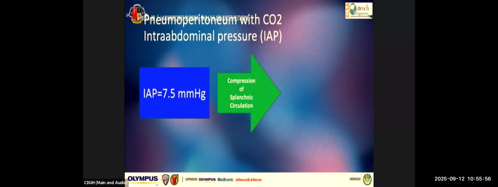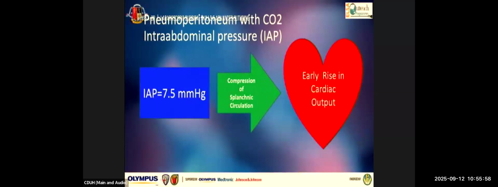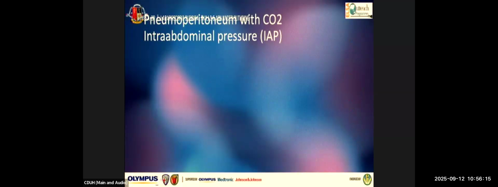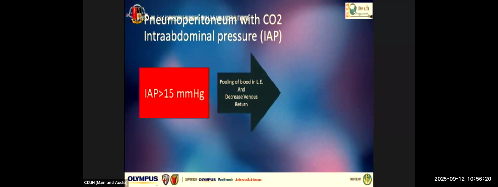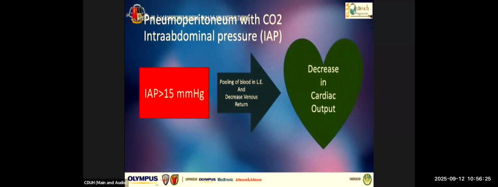When CO2 is infused into the abdominal cavity, the pressure increases, and at a pressure of 7.5 millimeters mercury, there is compression of the splanchnic circulation, increasing venous return, and a resultant increase in cardiac output. However, when the intra-abdominal pressure increases beyond 15 millimeters mercury, there is pooling of blood in the lower extremity, a decrease in venous return, the opposite happens. So there is a decrease in cardiac output.